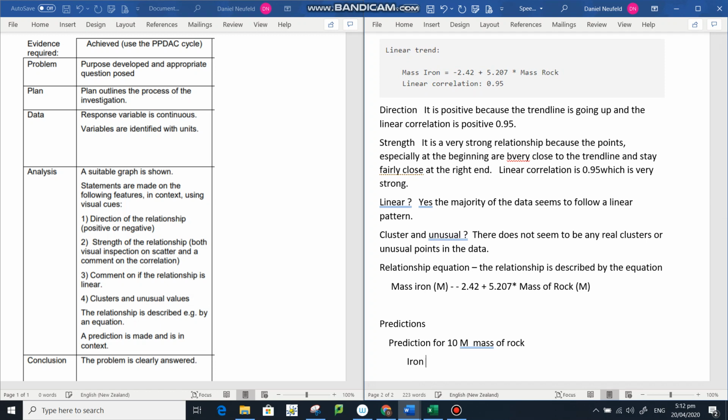iron equals negative 2.42 plus 5.207 times 10 equals, what's that, 52.07 minus 2.42 equals 49.65.